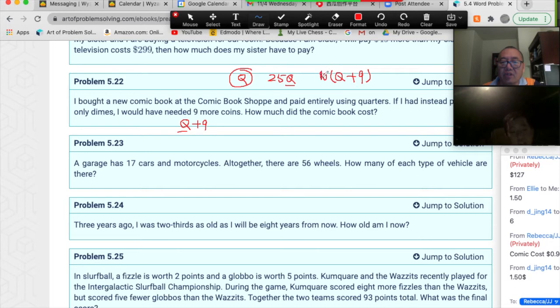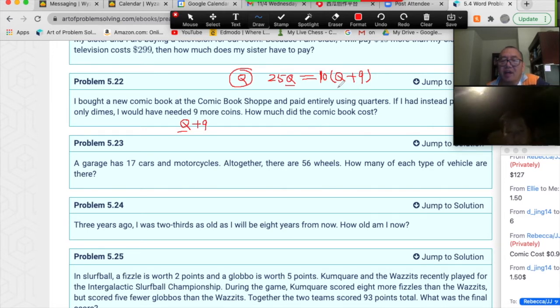This also gives us the price of the book. Either you use quarters to buy, you need Q quarters, or you use dimes to buy, then you need 9 more dimes.